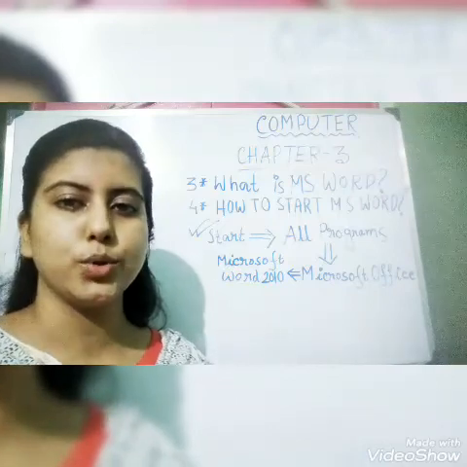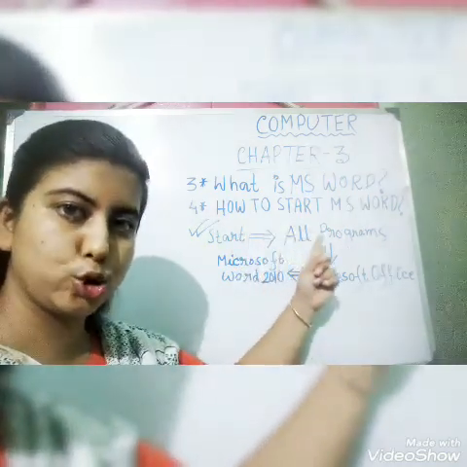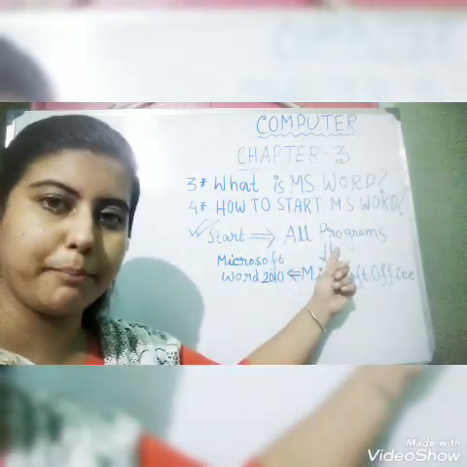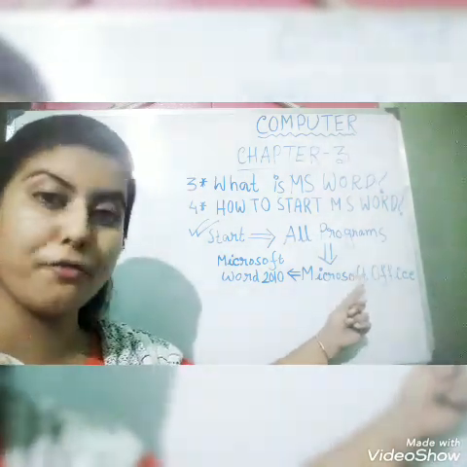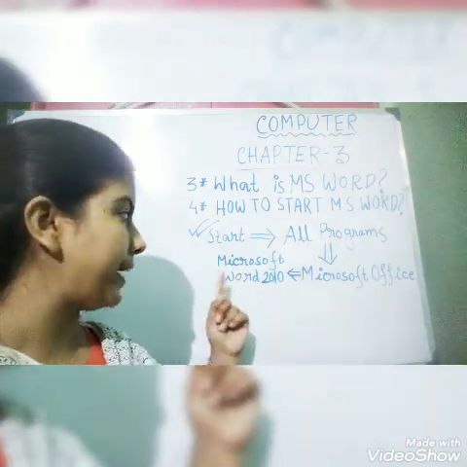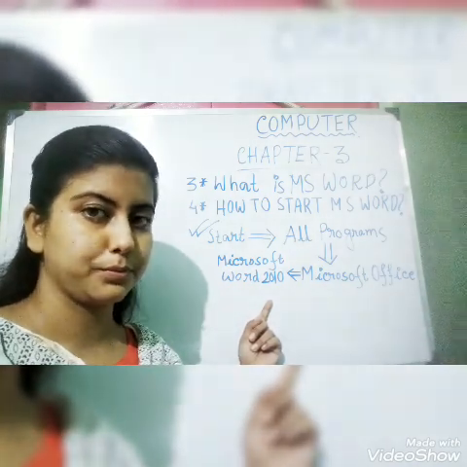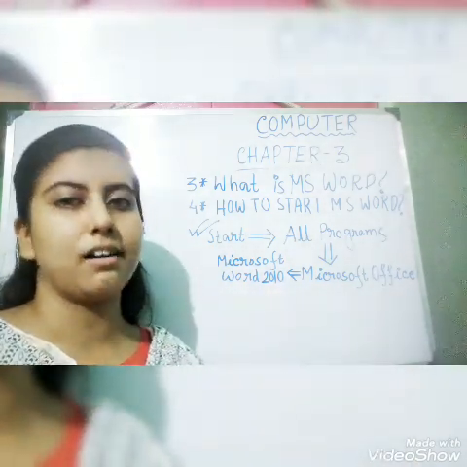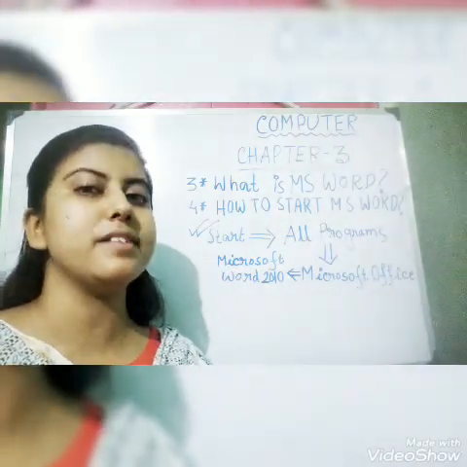Let's look into the flowchart. First, Start. Then you have to go to All Program. Then you have to click on Microsoft Office, and next you have to click on Microsoft Word 2010. So these are the 4 steps to open MS Word.